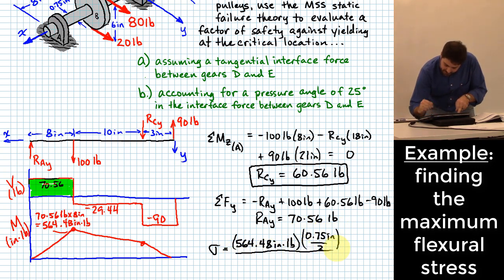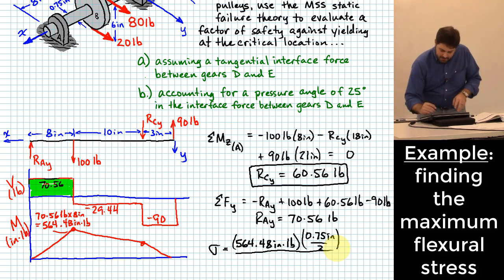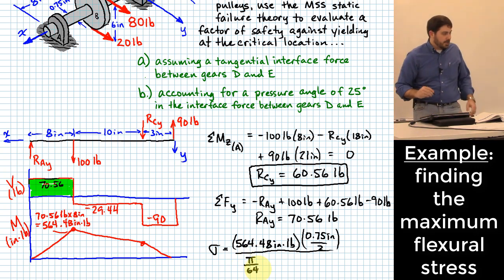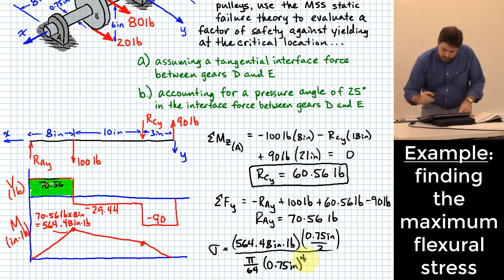And what is the I value? It's almost like the J value. It's just a denominator here of 64 instead of 32. Everything else is the same. Still use 0.75 inches to the 4th for that I value.